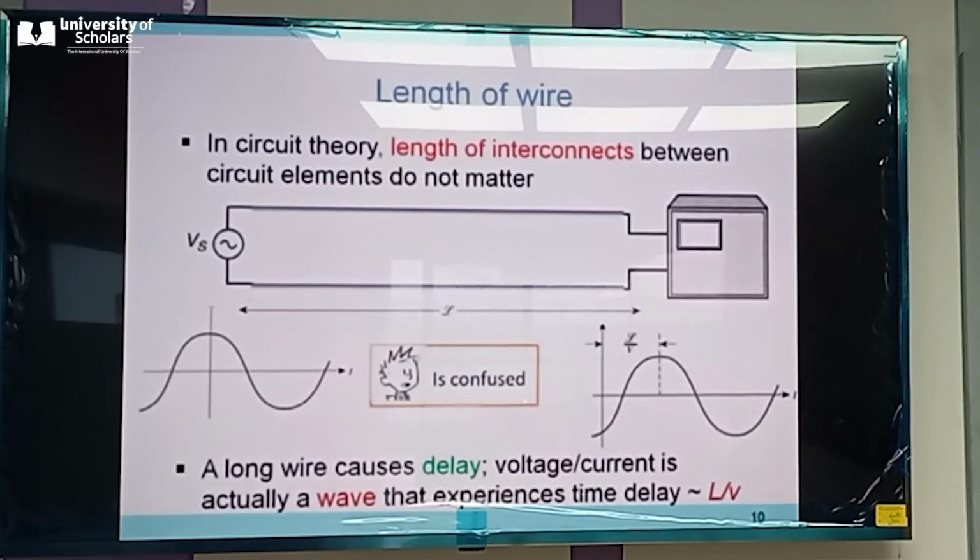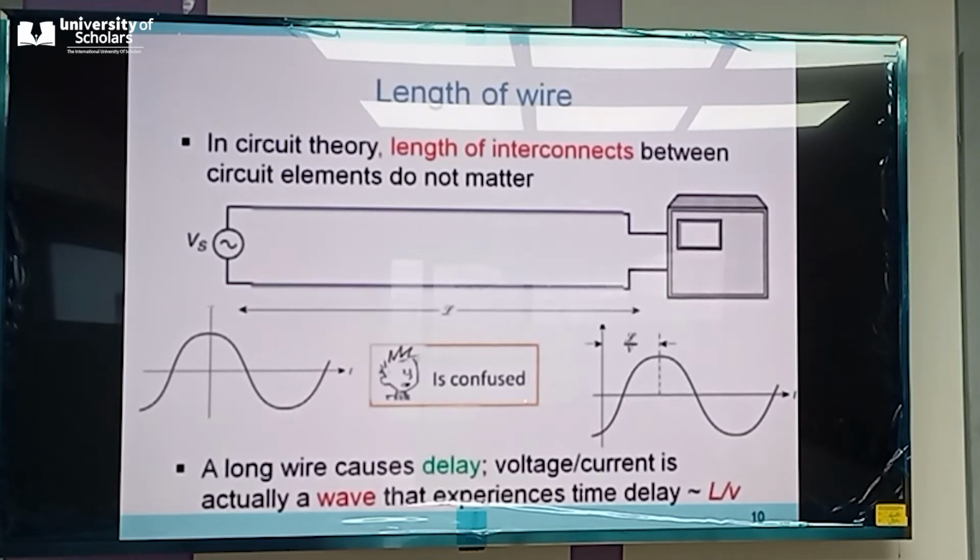Therefore, if you take this scenario of having a source at one end and a load 3 or 4 kilometers away at the other end, you would clearly see that there is a certain amount of delay in transferring the voltage from the source to the load side.